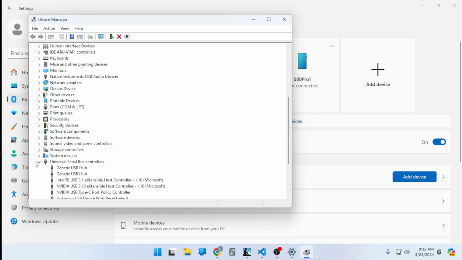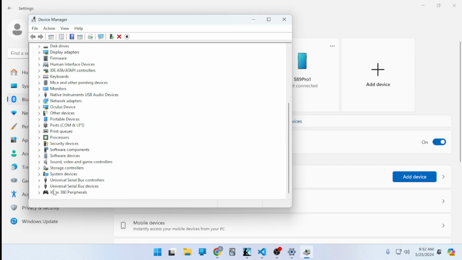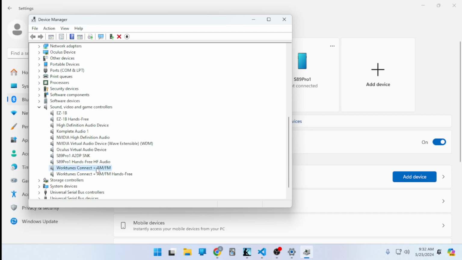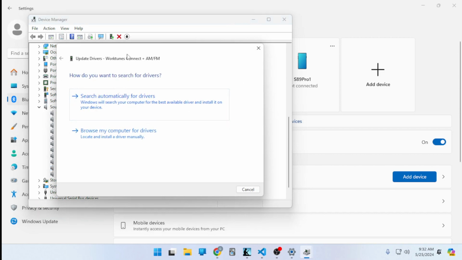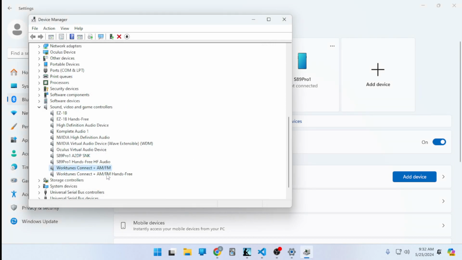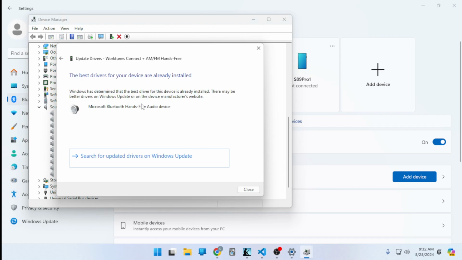So let's look at sound devices. Yep. Okay, and then let's see if we've got a driver here. Best drivers are already installed.